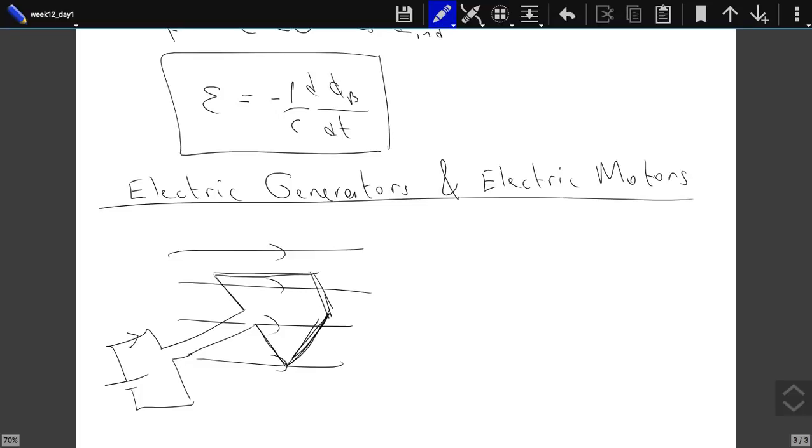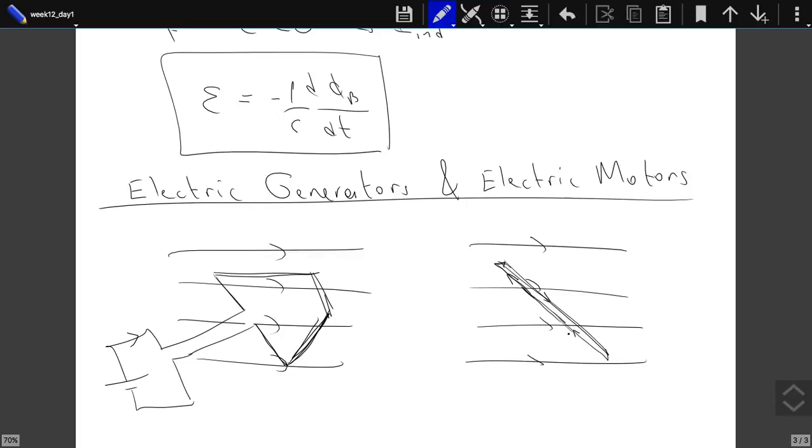Now, what is the direction of the magnetic dipole moment of this system? So the current is running in this sense around the loop. What is the direction of the magnetic dipole moment? Towards the left, towards the right, left down, left up, right down, right up.